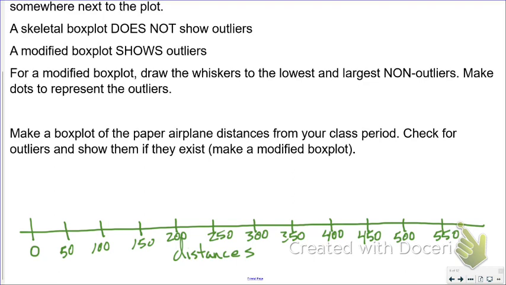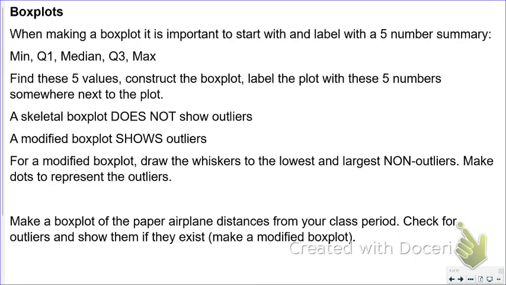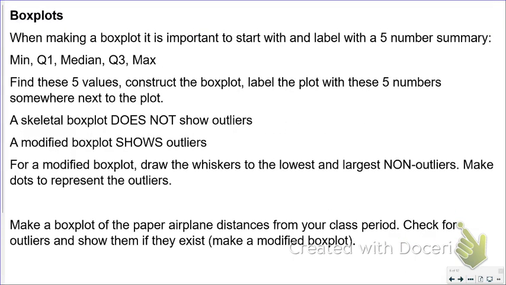So back when we did 1var stats, we got all these numbers. And there's something that's really important that we have next to our box plot. So let me scroll backwards to it. It's at the very top up here. When you make a box plot, you have to have that 5-number summary. And you don't even have to label the 5 numbers. You can just write the 5 numbers with commas between them.